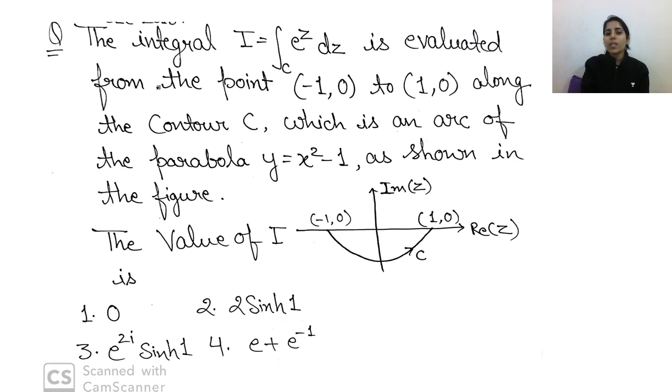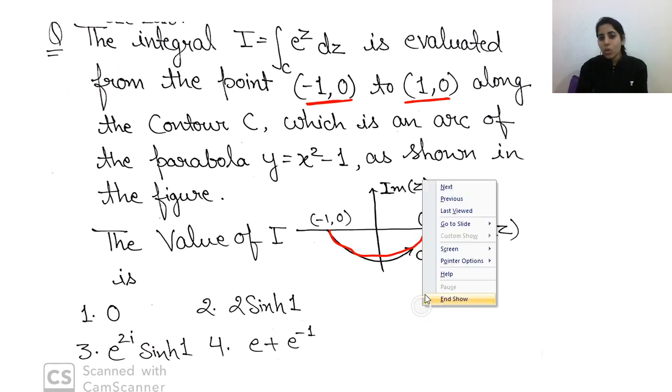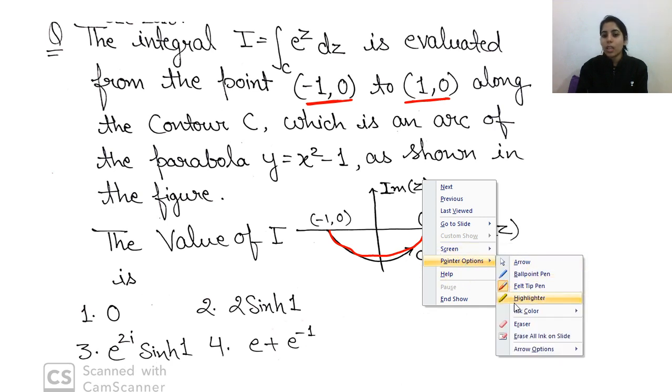So guys, let's focus on the question once more and get each and everything which is mentioned in it. See, the integral I is the integration which we have to find in this question. It is evaluated from the point minus 1 comma 0 to 1 comma 0, and you can see the direction which is already shown in the given figure.